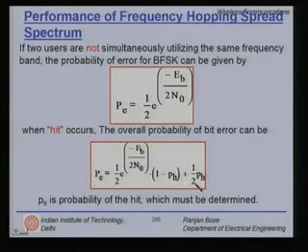One is half PH, and here 1 minus PH is the probability that a hit does not occur. What is P subscript H? It is the probability of a hit. This has to be determined. It depends upon how many users are there in the system and various other factors.